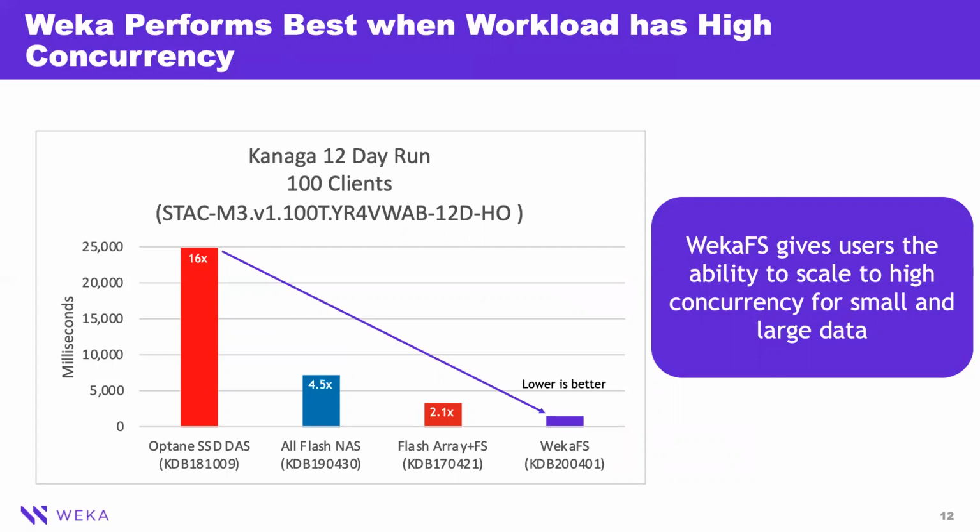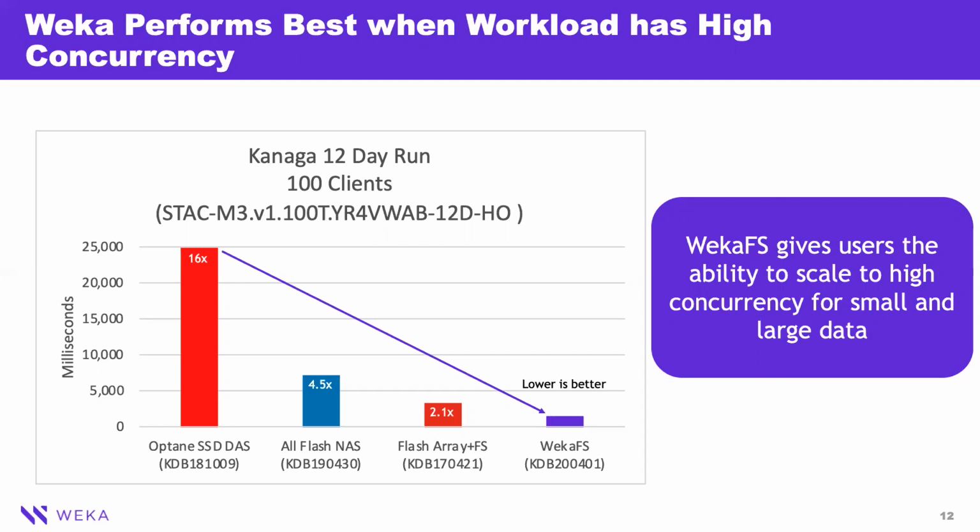Against the all-flash NAS, we were 4.5 times faster with 100 clients on a 12-day run. And against the Optane direct attached server, it is very difficult for the Optane-based server to finish on 100 clients. So it really is not a suitable environment when you have high concurrency and a high amount of data sets.